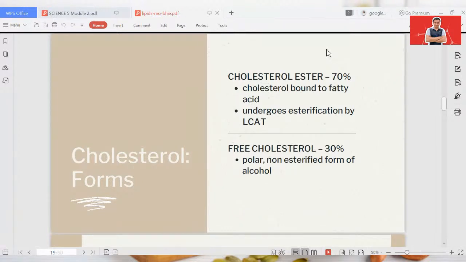Yung LCAT, siya yung enzyme na plays a key regulatory role in the intestinal cholesterol absorption and provides core lipid for packaging of chylomicrons and hepatic-derived lipoproteins. For the free cholesterol, 30%, polar non-esterified form of alcohol, siya yung nag-stabilize ng cell membranes.